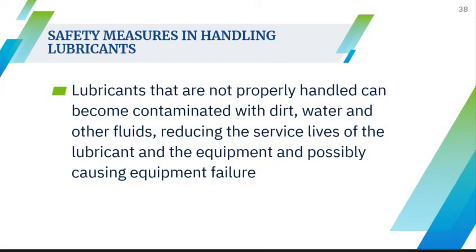Then safety measures in handling lubricants. If they are not properly handled, they can become contaminated with dirt, water, and other fluids, reducing the service lives of the lubricant and the equipment and possibly causing equipment failure. Proper oil storage is the first step to preventing contamination. Oil should be stored in closed containers that keep airborne particulates and moisture out.